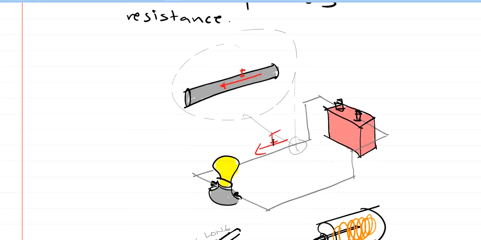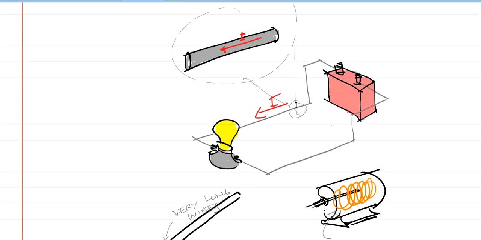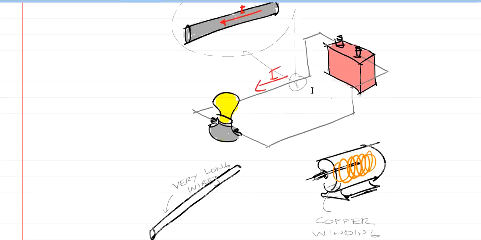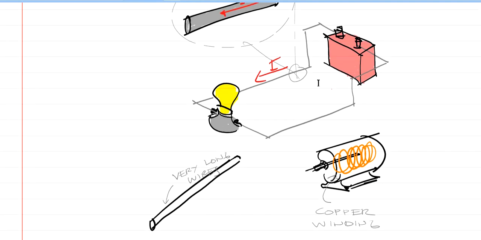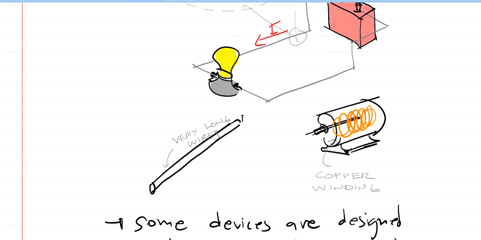But in some analyses, that resistance of the wire may be negligible. So in elementary or basic calculations, or over short distances, we neglect the resistance of the wire. But for some applications, like very long wires, of course we need to include the voltage drop, because there is a resistance, so there is going to be a voltage drop in that wire.